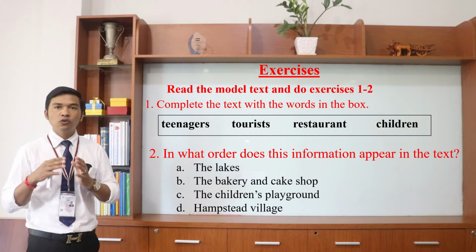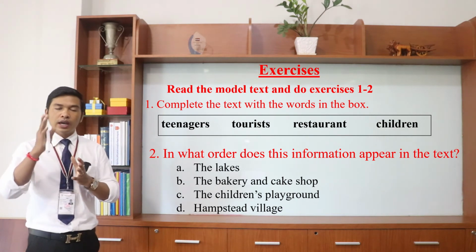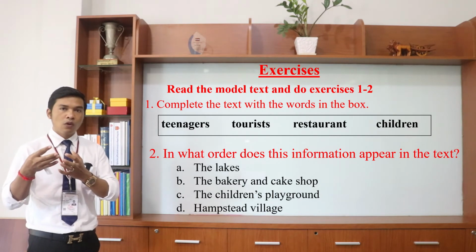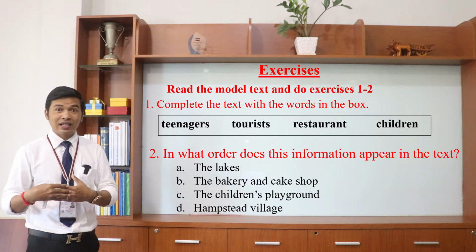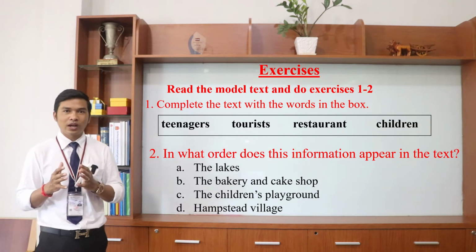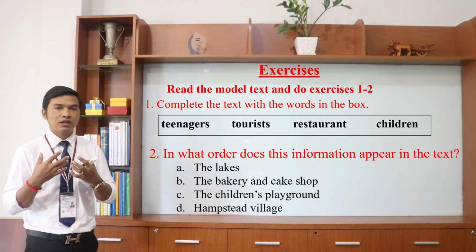And number 2, in what order does this information appear in the text? You see, from A to D, you have to read and see what information should be first, second, third, or the last. And then you read and think about this information as well. But after reading, you can also check the answer with me.